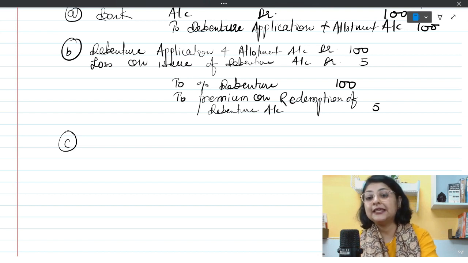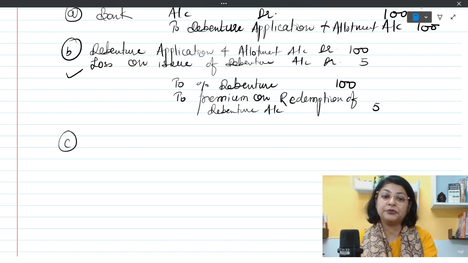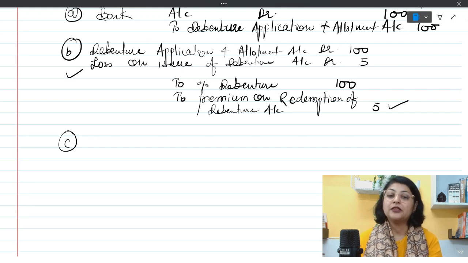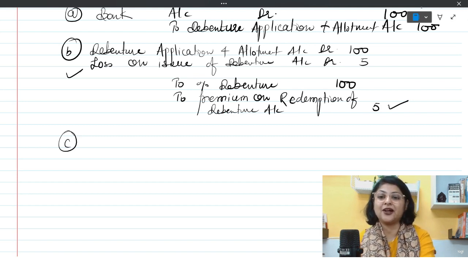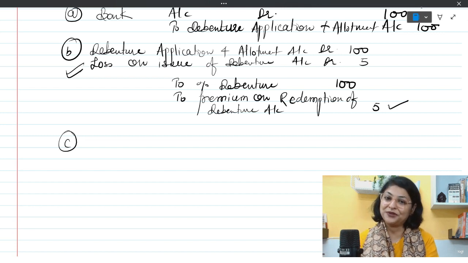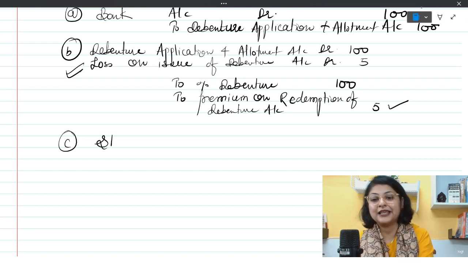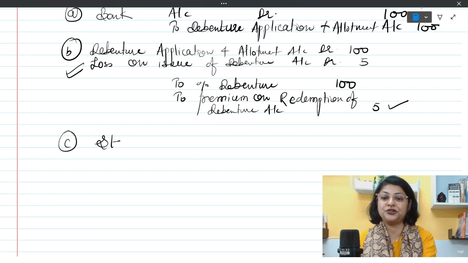But only this account has to be closed. The account premium on redemption of debenture will remain open. The students who will study the redemption chapter will understand it is closed at the time of redemption of debenture. But here only the loss on issue of debenture account has to be closed. So we are closing this like we close the discount on issue of debenture.